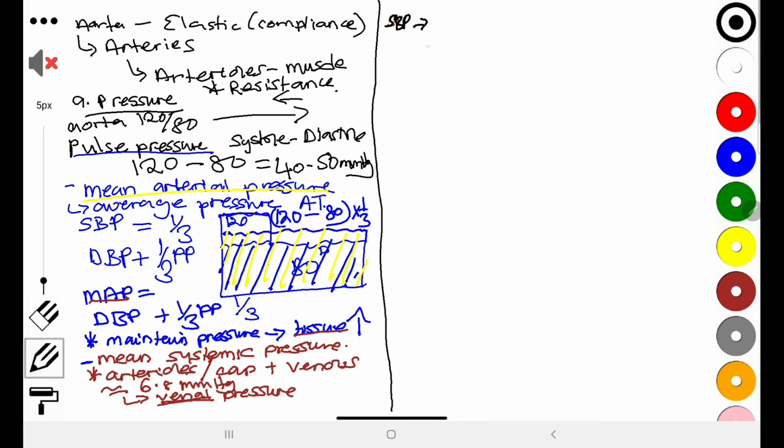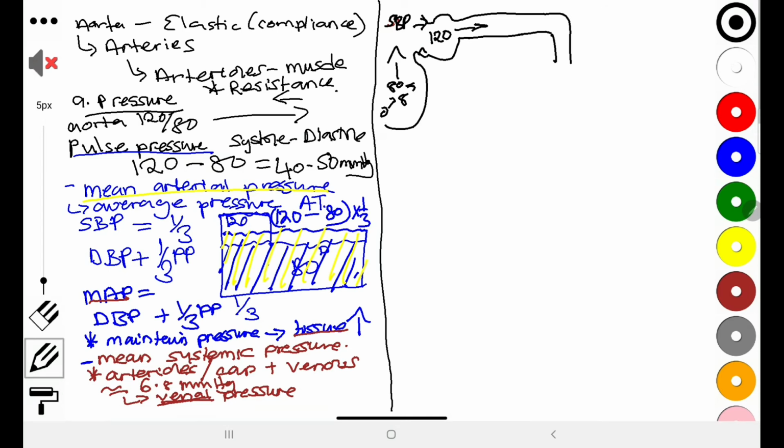All right, so you find that if this is the aorta, it builds to about 120, and that's the one that is translated into the arterial tree. And if you don't remember what is happening here, you have a build-up from 0 to 80, and then contraction keeps on going until we get to 120, and this is in the ventricle.